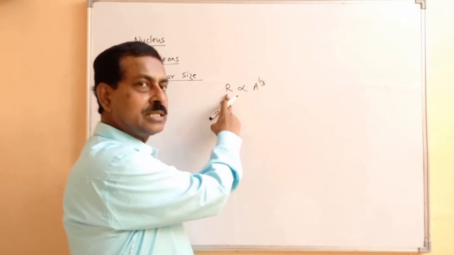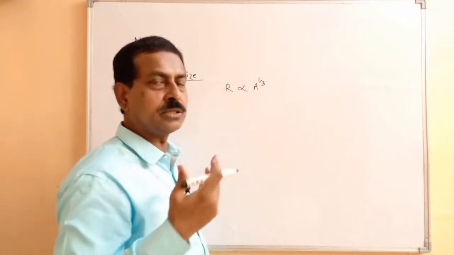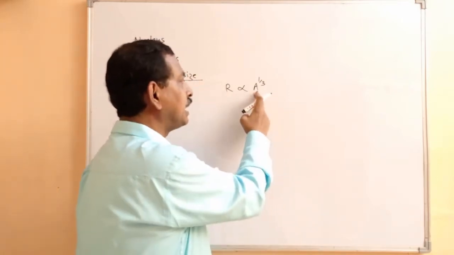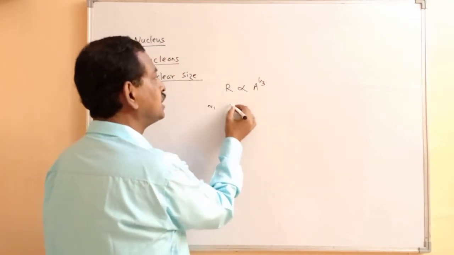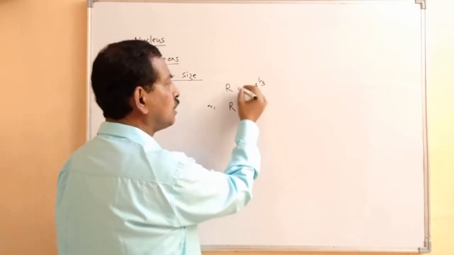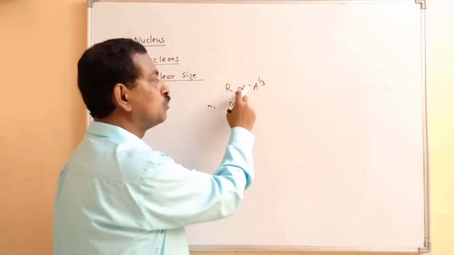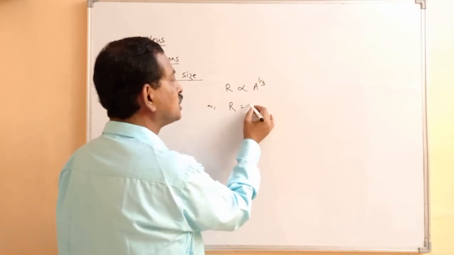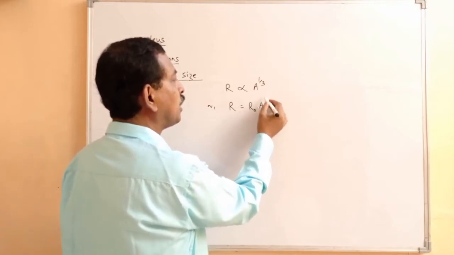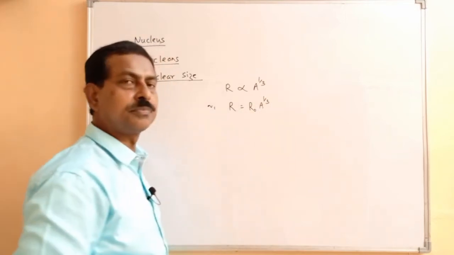R is the nuclear size here, that is, you can call it the nuclear radius, and A is the mass number. So here we can write this R as, when we remove the proportionality relation, a proportionality constant will come. So this is R naught A power 1 by 3.